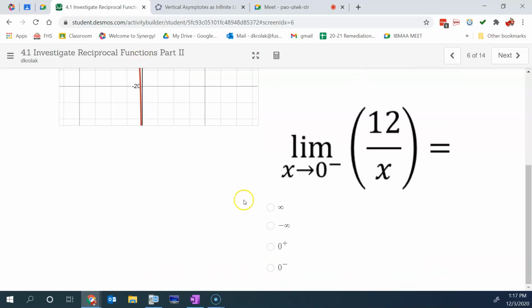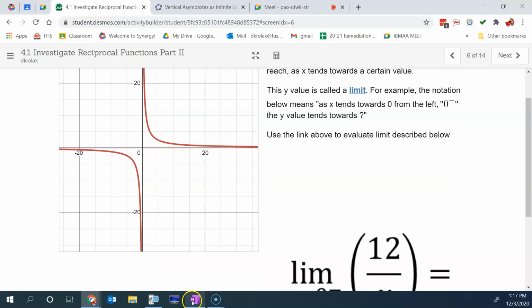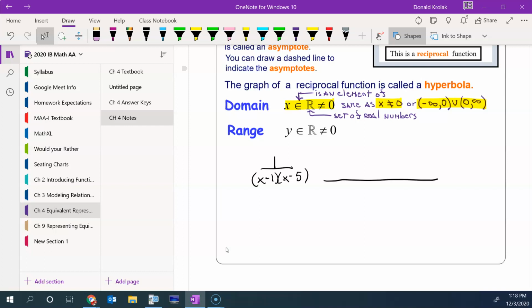And the reason why it's only one, what's the only value you can't put into that? 0. If I could put more numbers in, let's say that my hyperbola looked like this, then where's its asymptotes? Yeah, there'd be an asymptote at 1, and there'd be an asymptote at 5.